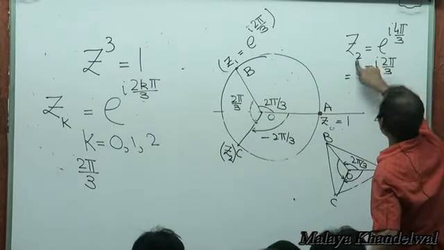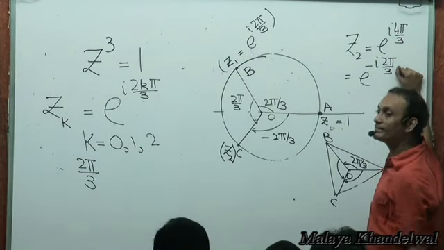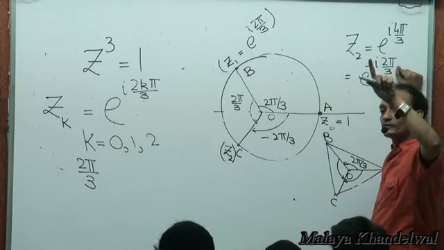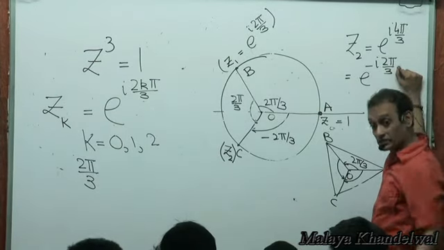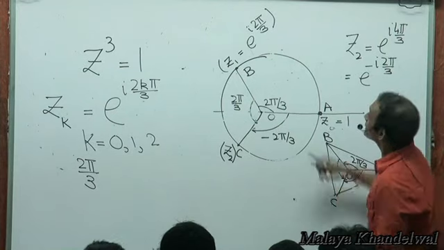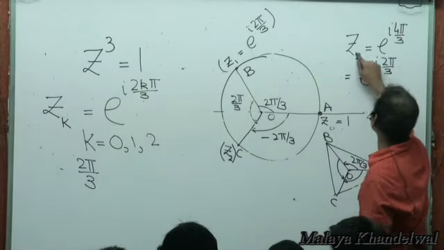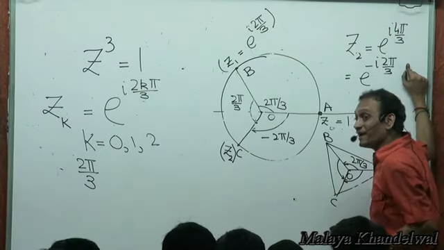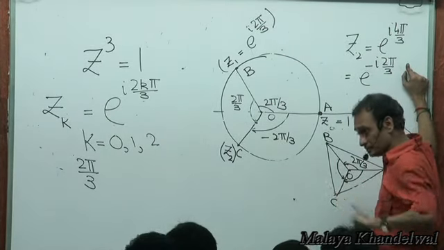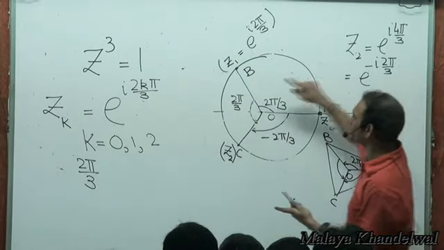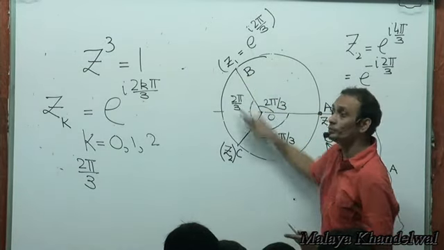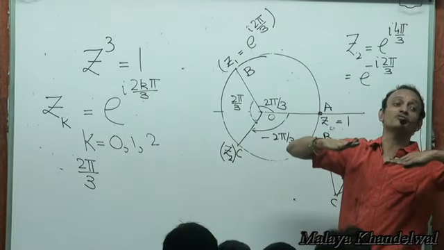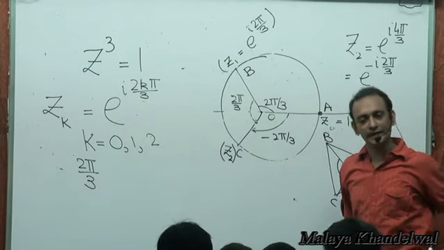And do you realize that z1 is e power i 2 pi by 3, z2 is e power minus i 2 pi by 3, and they are conjugates of each other? e power i theta and e power minus i theta would be conjugates of each other, which is what you expected. z1 would be z2 bar, z2 would be z1 bar. They are mirror images of each other about the real axis, that is the x-axis.